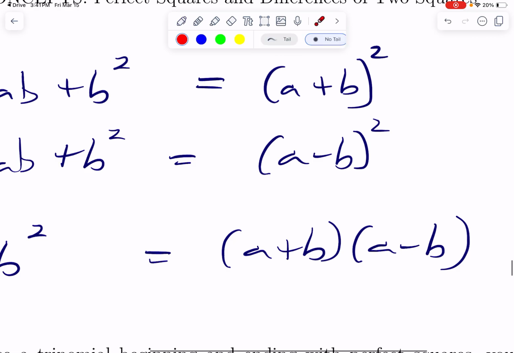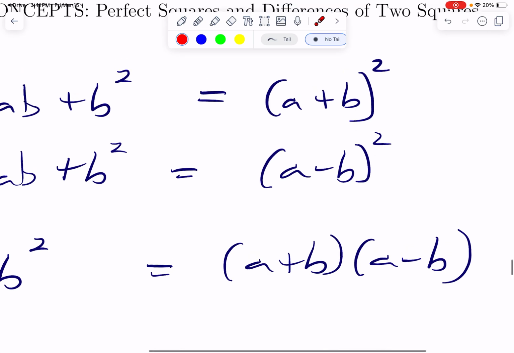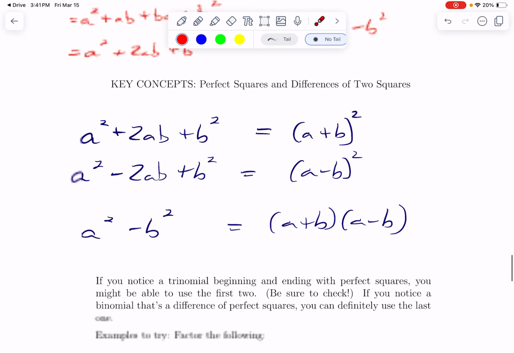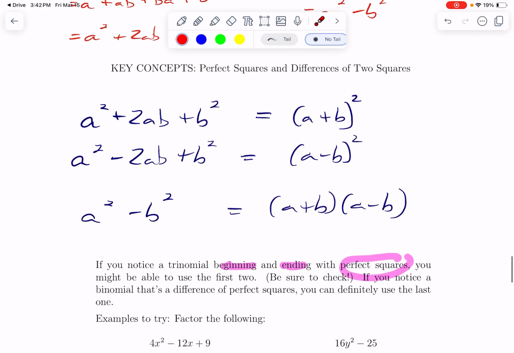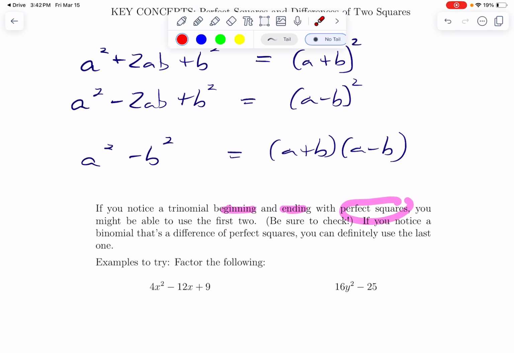One version is a plus b, the other version is a minus b. These patterns can be really helpful if you notice you're factoring something that begins and ends with perfect squares. If you notice that at the beginning it's the result of squaring something and at the end it's the result of squaring something, ask yourself if it's following one of these patterns. So with that in mind, try these two.